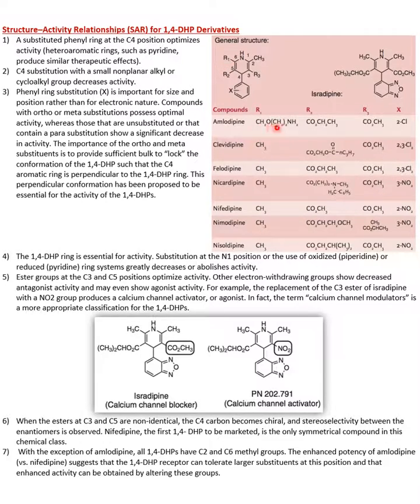Now with the amlodipine, when we increased the size of the R1 at this position, the potency increased, which means that there must be some binding sites here at the receptor that enhance the potency or the affinity of the drug. Okay, so this completes the SAR for this class of drugs.